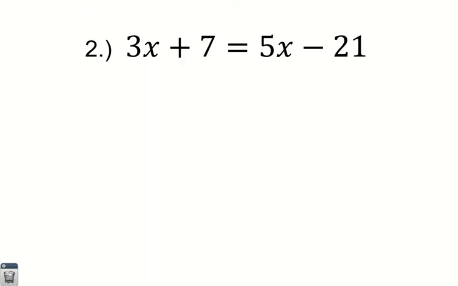So again, this example. See, number 2 is a great example to discuss your options, because some people really insist, and they're really most comfortable if you get the x's to the left side.